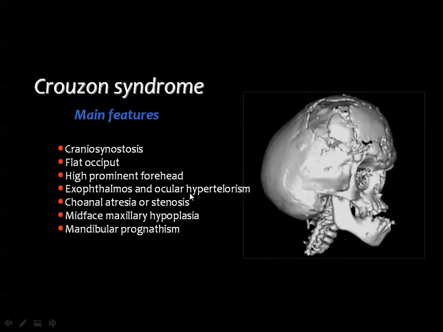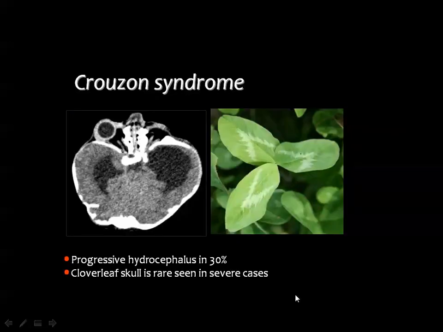These are the main features of Crouzon syndrome: craniostenosis, the flat occiput, the high prominent forehead, the exophthalmos and hypertelorism, choanal atresia or stenosis, mid-face maxillary hypoplasia, and mandibular prognathism. These findings can be very well presented by the 3D reconstructed images.